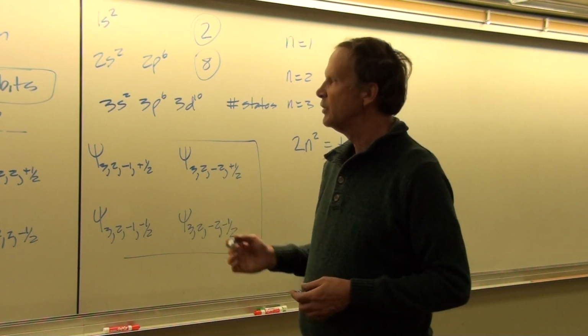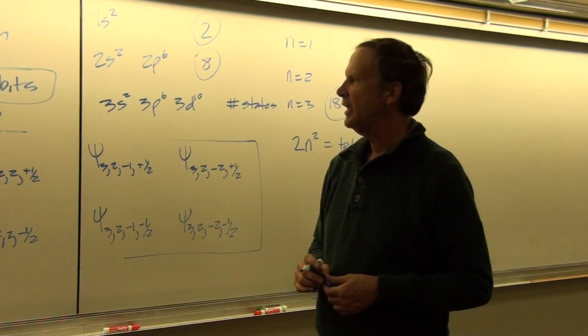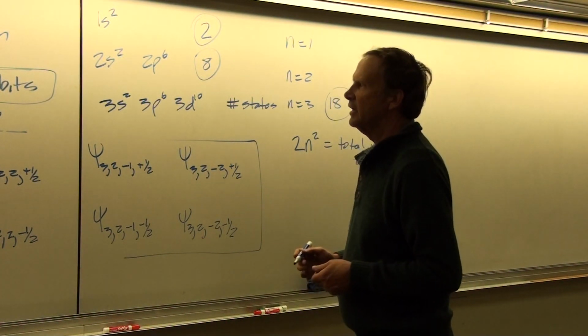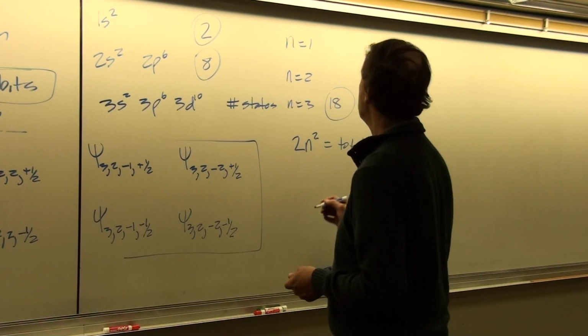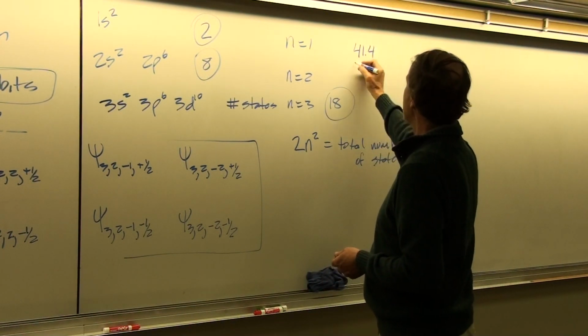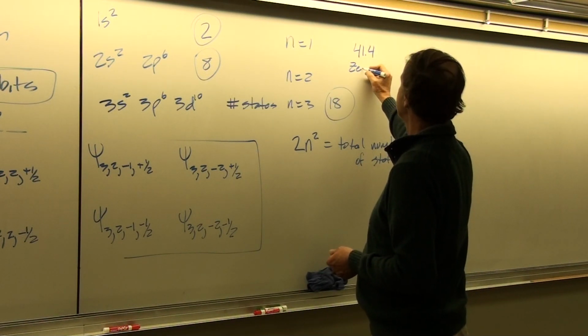Now, are these orbits real? Or is it just a great idea? It turns out that they're real. And in section 41.4, we'll go back to this after the midterm, and we'll look at the Zeeman effect.